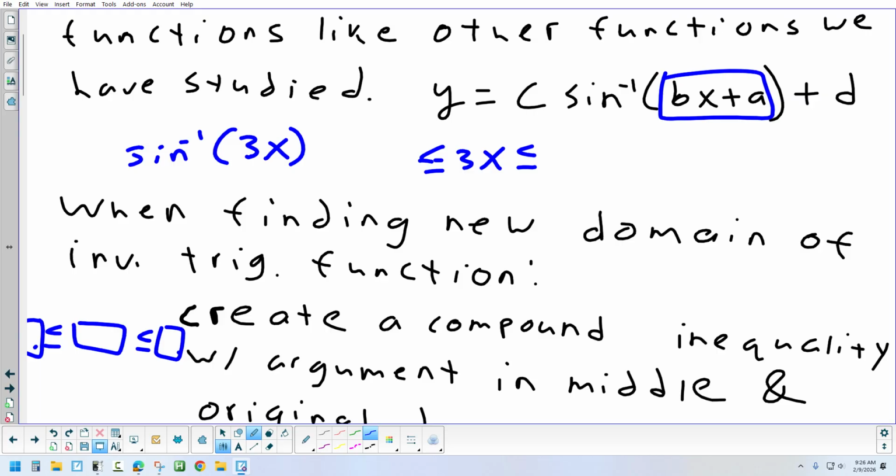If you're not sure of the domain of the inverse, think of the range of the original. How high and low does the original sine go? Yep. -1 to 1. Now, when you solve, you divide everything by 3, and your new domain is -1/3 to 1/3. That's how you do it. So it would compress the domain by a factor of 3.